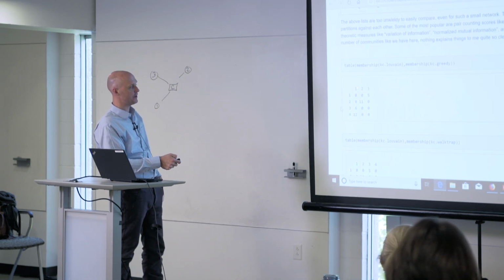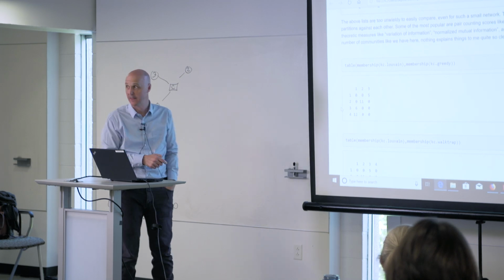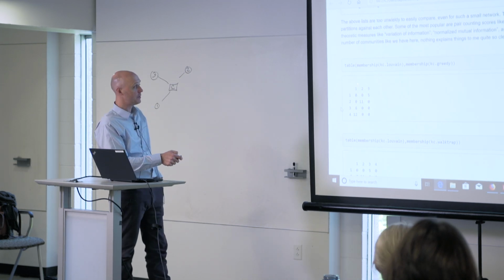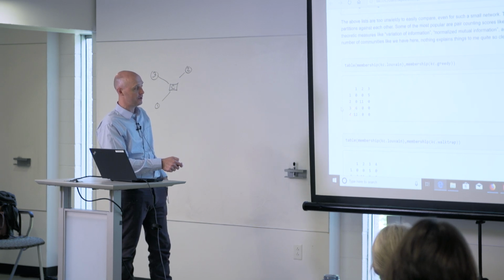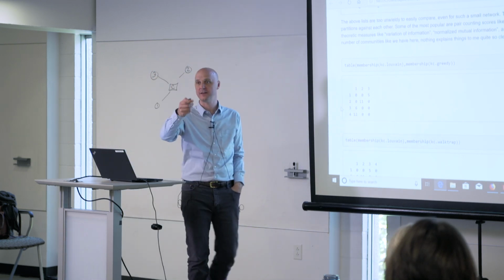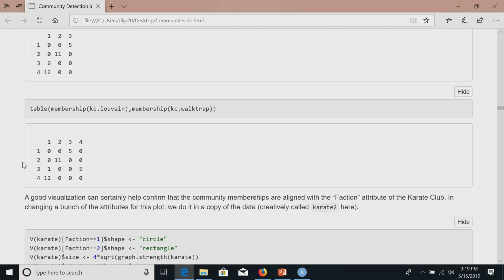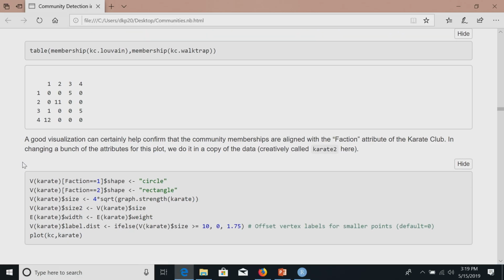And once you're keeping that in mind, you can see what happened here. Communities 2 in both sets are identical, and they have 11 nodes in them. And then community 1 in Fast Greedy got split up into what became community 3 and community 4 in Louvain. So that's the difference between the 3 community answer and the 4 community answer. And now when we look at Walk Trap versus Louvain, Walk Trap's 3 is identical to Louvain's 1.